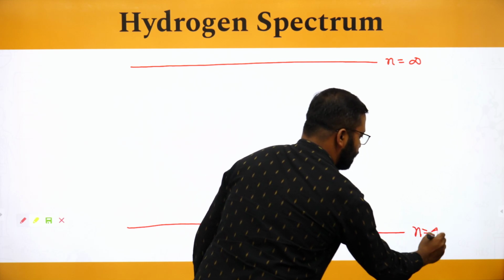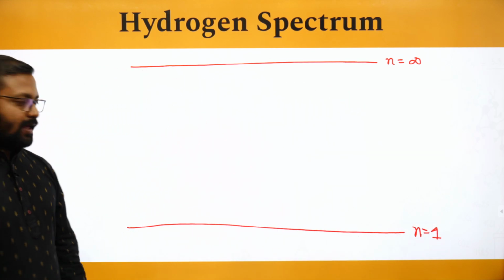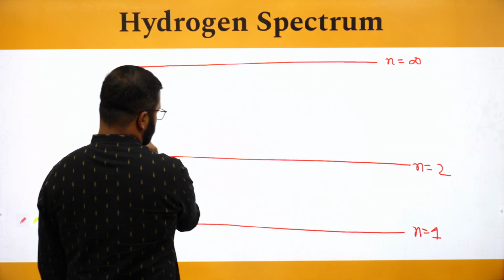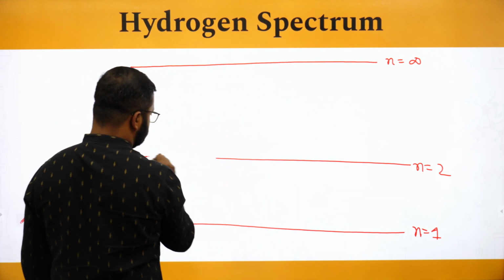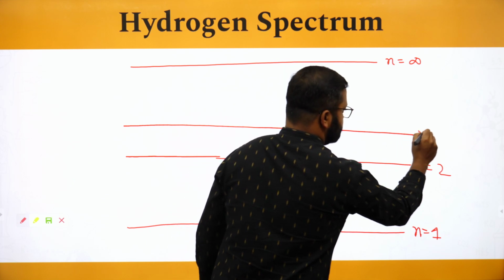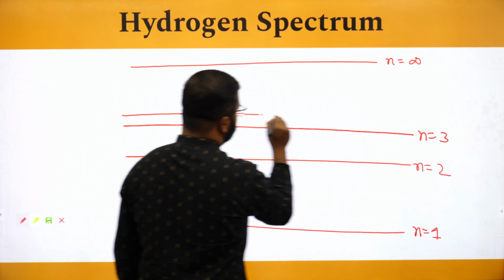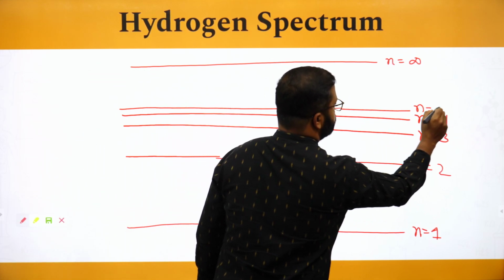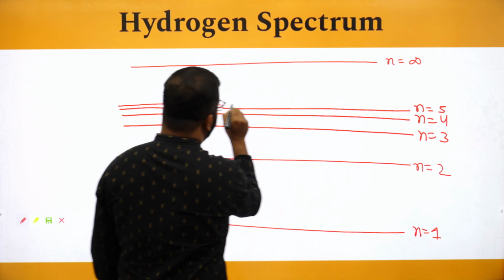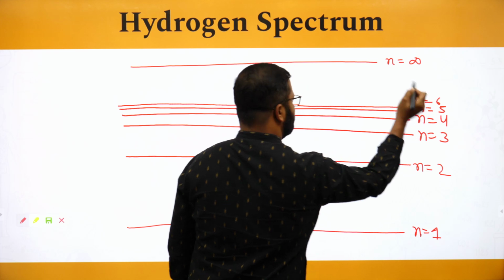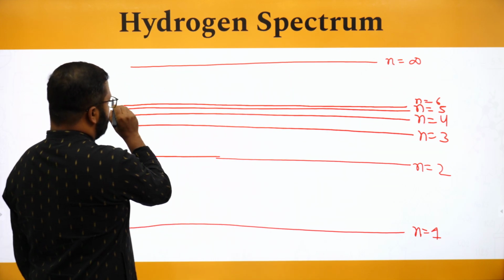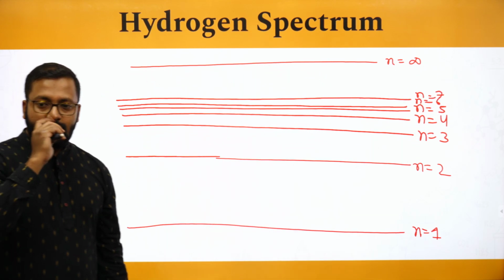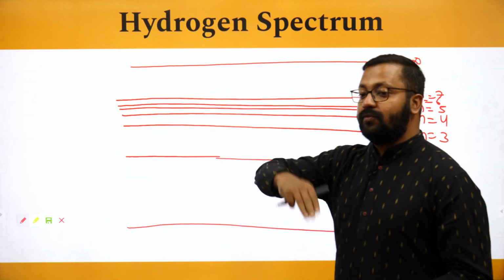This is n equals to 1, this is n equals to 2, this is n equals to 3, n equals to 4, n equals to 5, n equals to 6, and so on and so forth. Here you can add one more line, n equals to 7. So there are so many different lines, so many different energy levels.